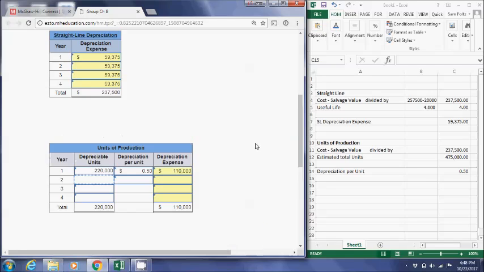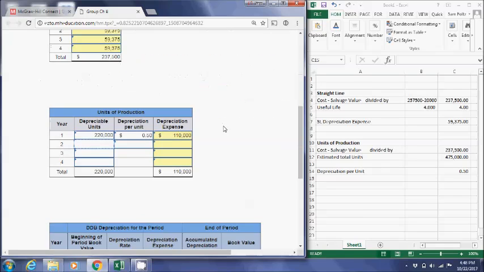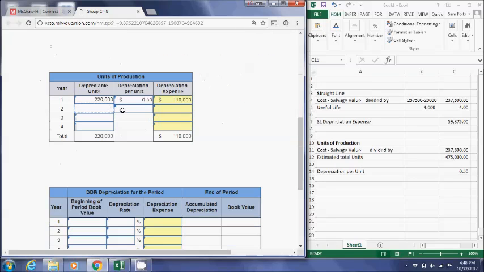If we look at our depreciable units for the second year, it was 124,600. At 50 cents gives us 62,300.